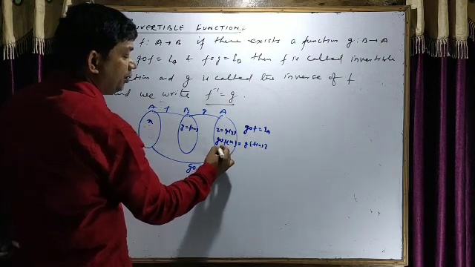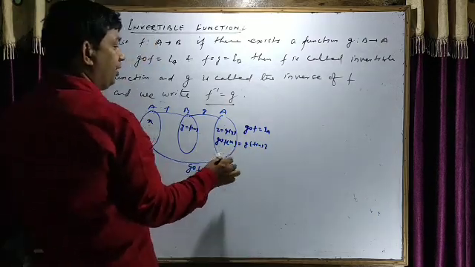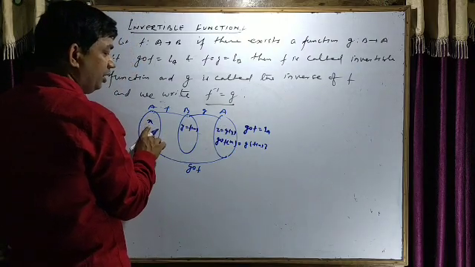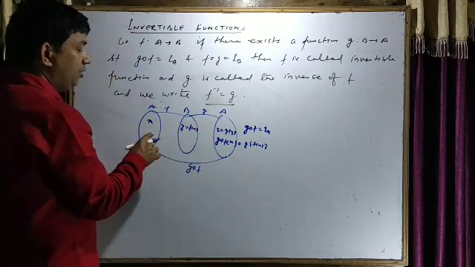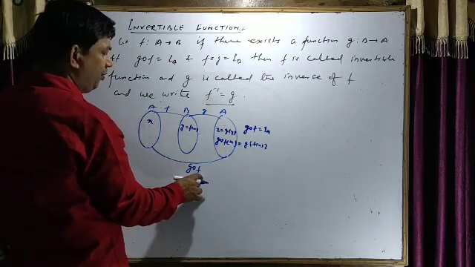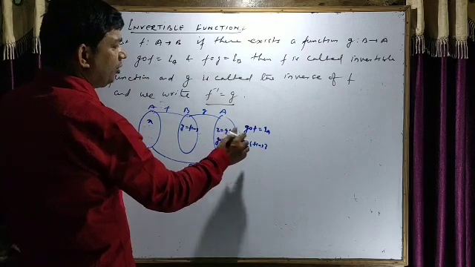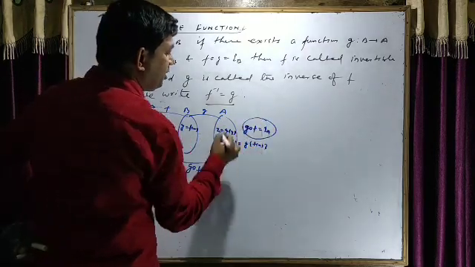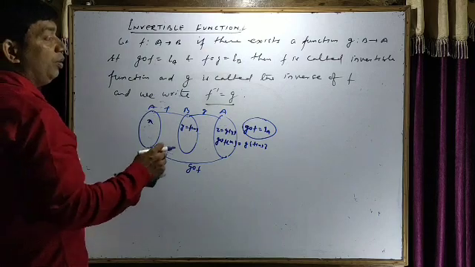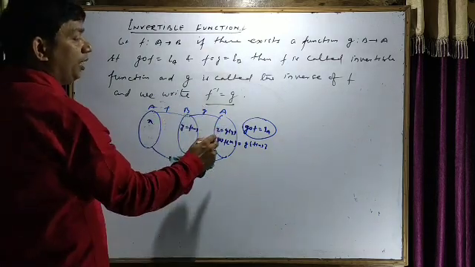F is a function A to A, so if gof, the same answer will come, gof equal to that same x, so gof equal to IA.